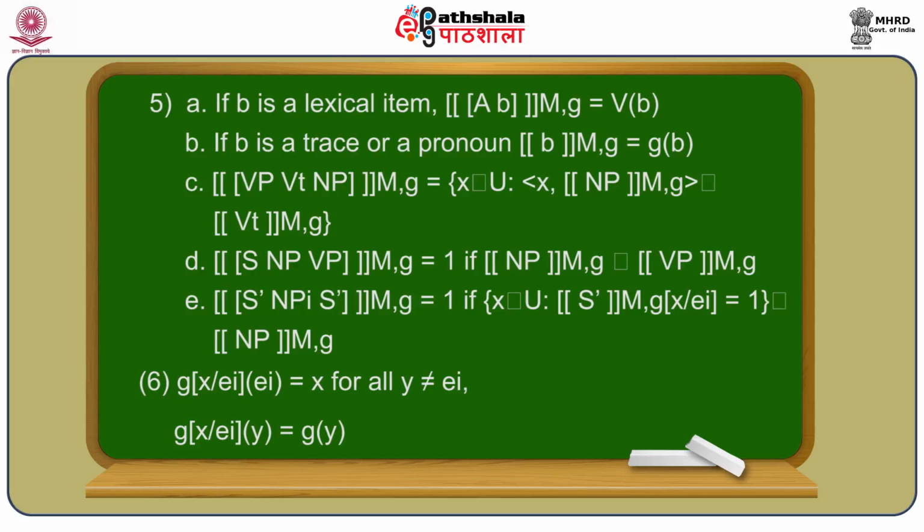For all y that is not e sub i, g x slash e sub i assigns to y whatever g assigns to y. So g x slash e sub i is an assignment function that's exactly like g, except possibly in what it assigns to e sub i, and it has to assign x to e sub i.